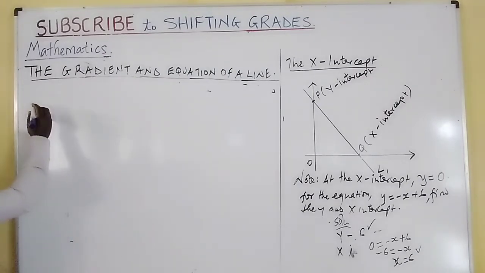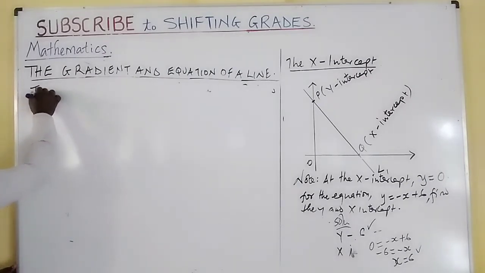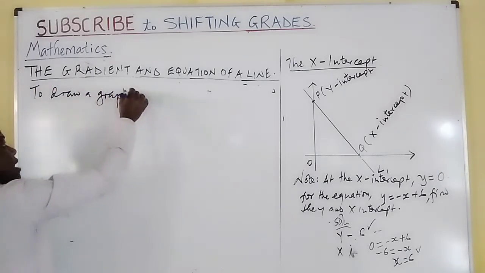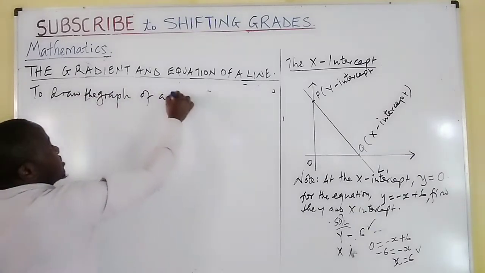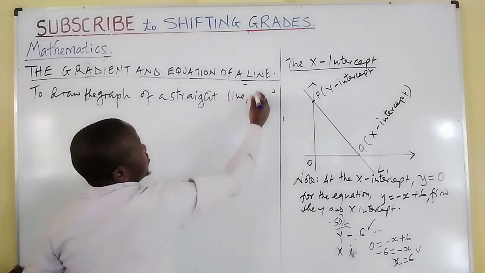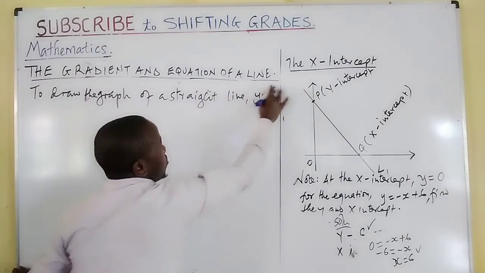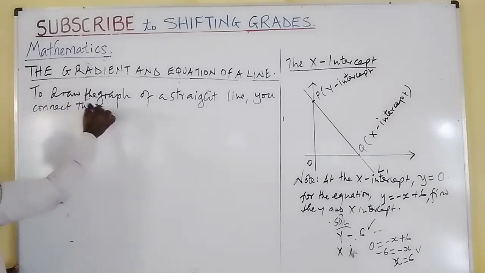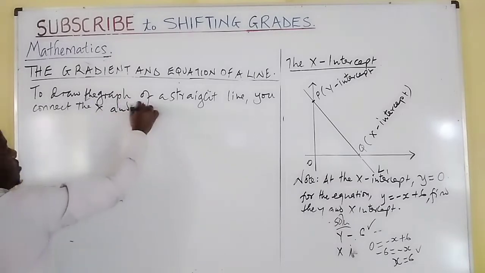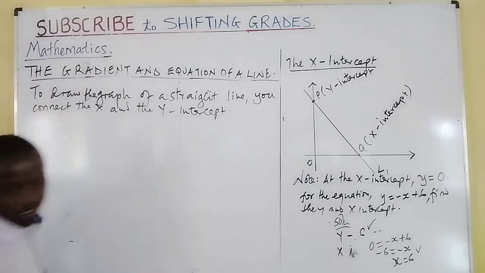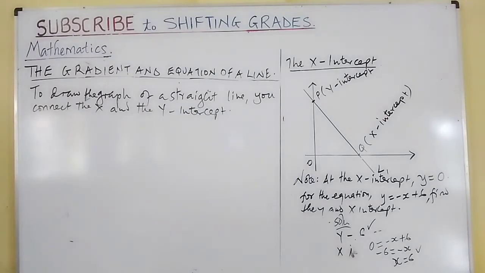Now, to draw the graph of a straight line, you connect the x and the y intercept. Let me show this with an example.